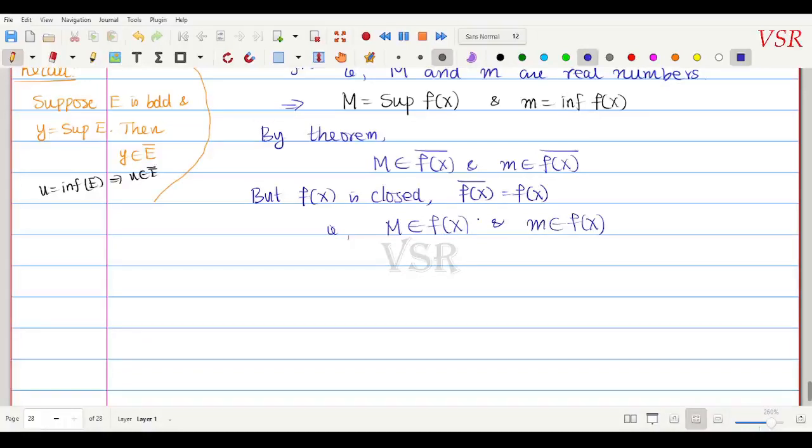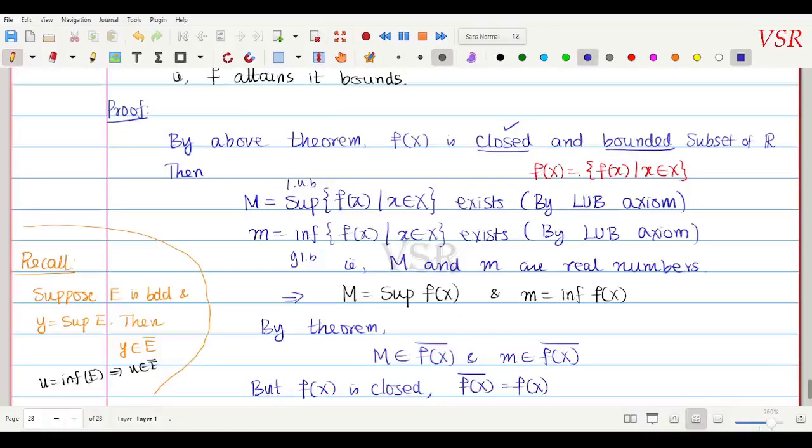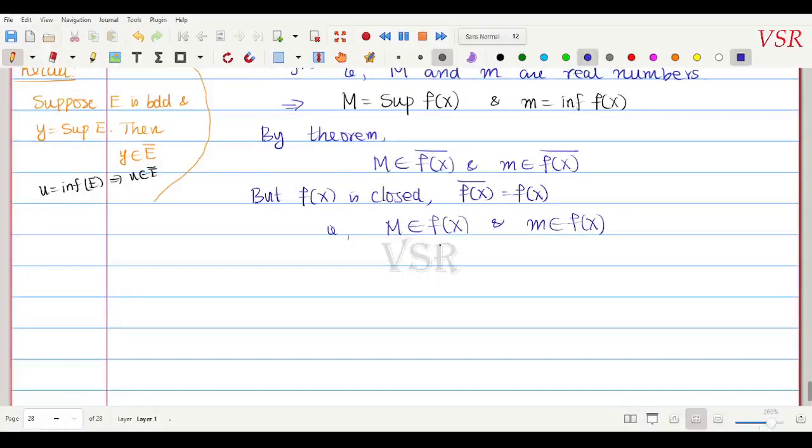What will the elements of f of capital X look like? Whichever element you take in f of capital X, it is of the form f of x for some x belongs to capital X. Since m is in f of capital X, this implies that there are p, q belonging to capital X such that capital M is equal to f of p and small m is equal to f of q.